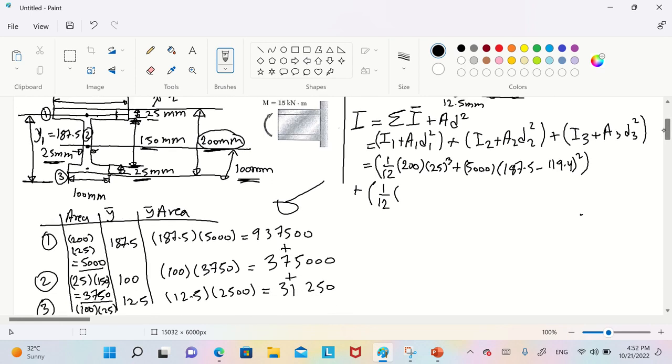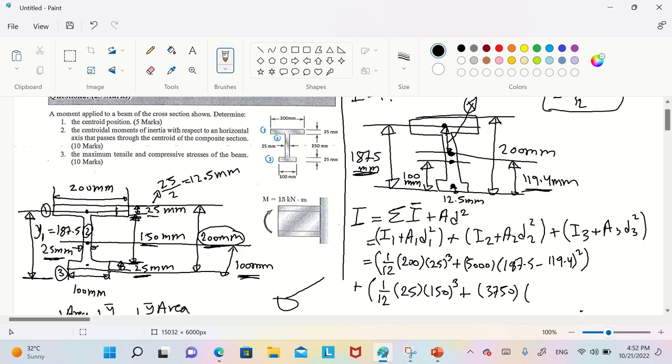The base for the second one is 25 multiplied by 150 cube plus the area is 3750 multiplied, the same idea, by the distance between the second center to the whole center.